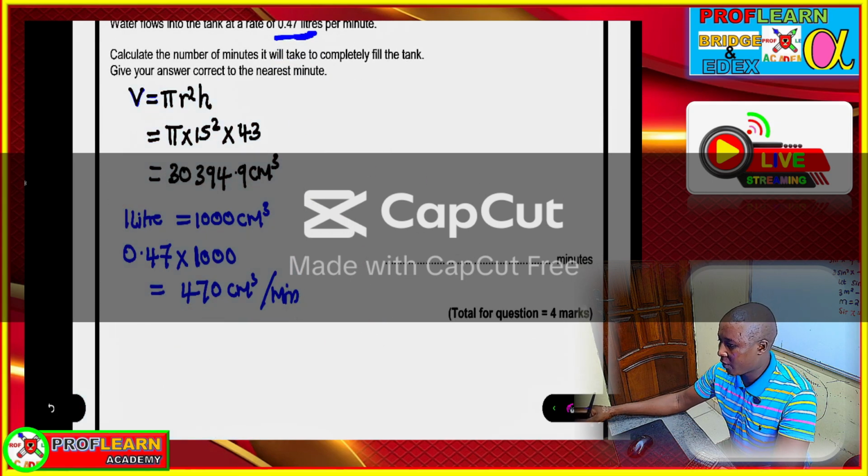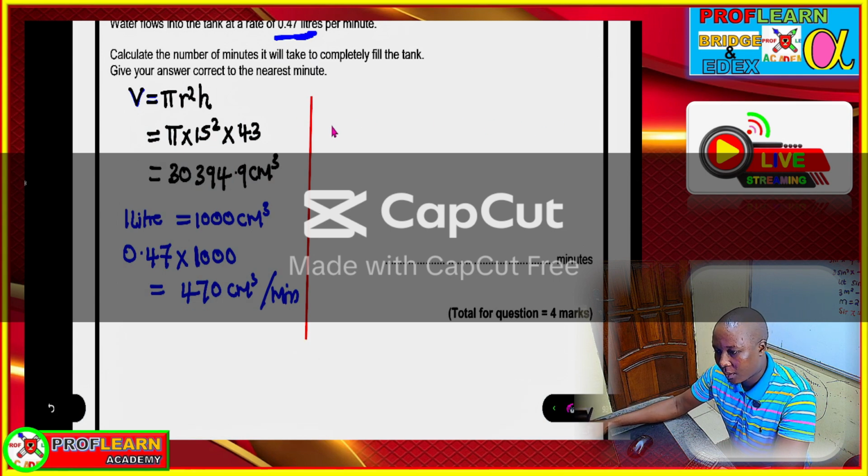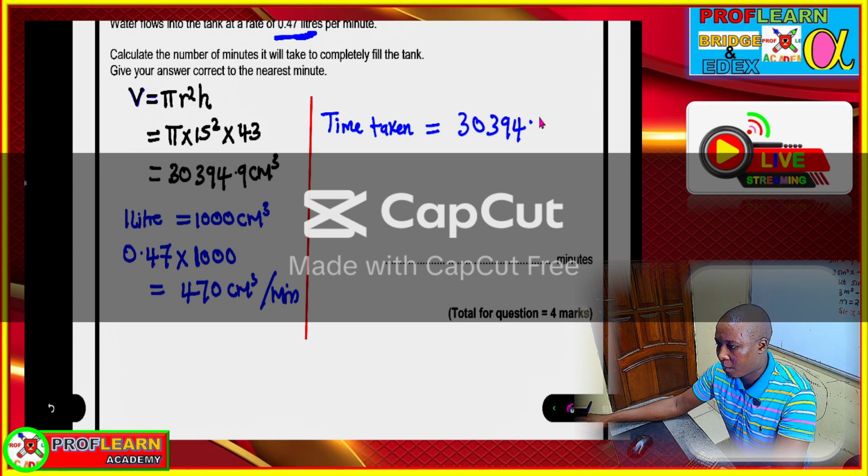Now once we have gotten that, we can find the time taken. Time taken is going to be equal to 30394.9 divided by 470.